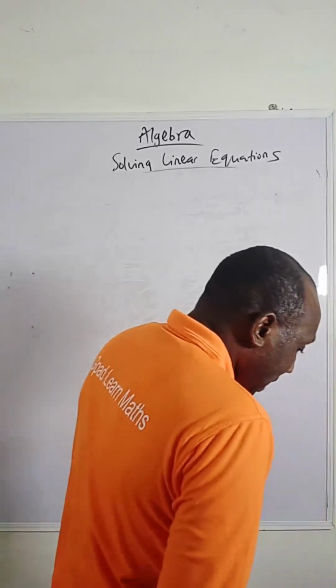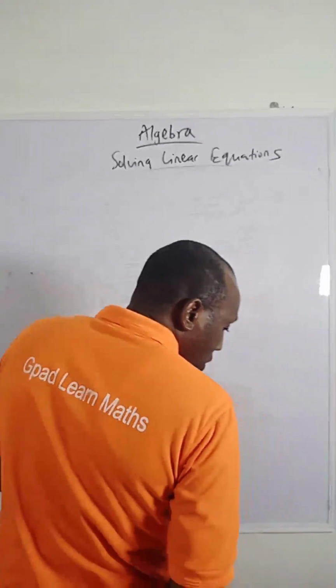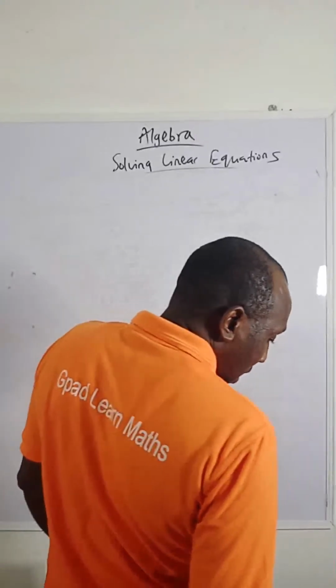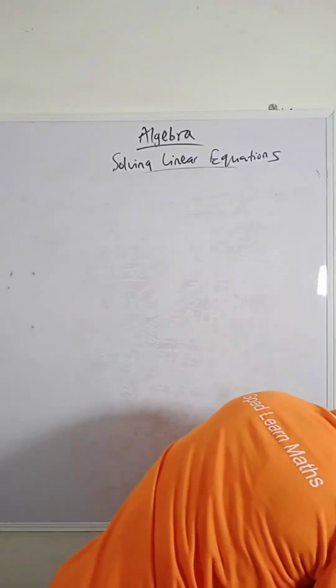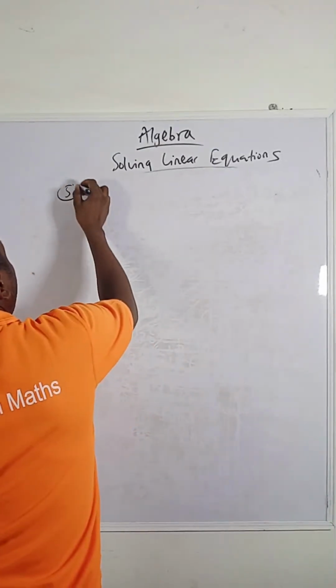Okay, I think it's now time to do some substitution into equations. Wait, I have to be sure of this again before I do something else. Number 5. Look at this.